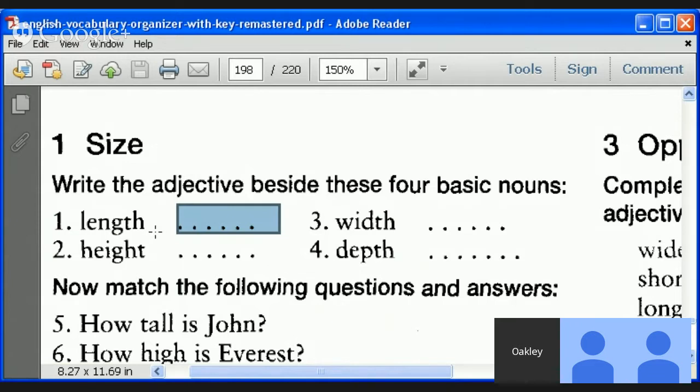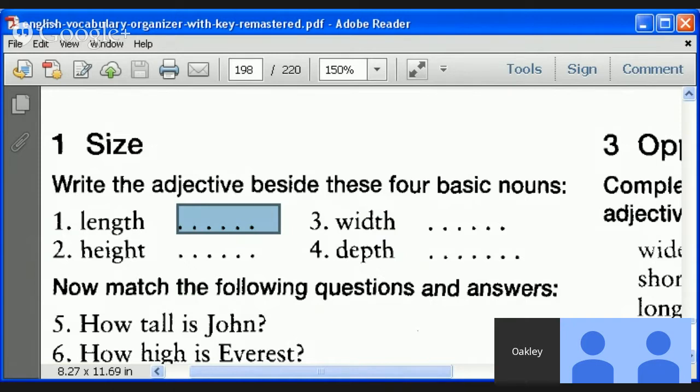Not entirely wrong. But if something has great length, then we can describe it as being very, what? No idea? Not sure?